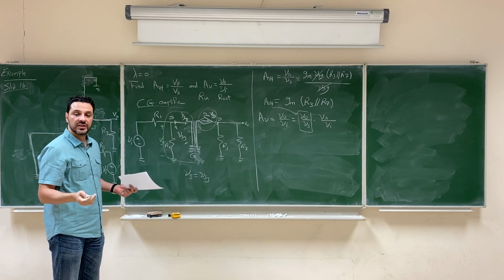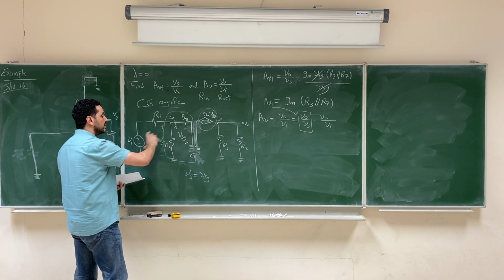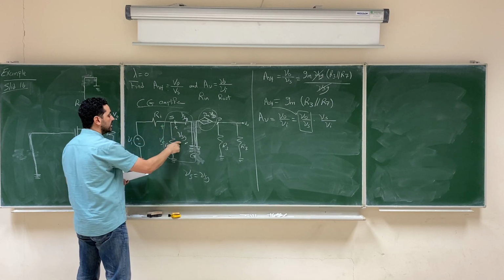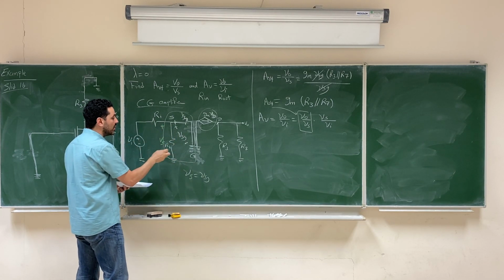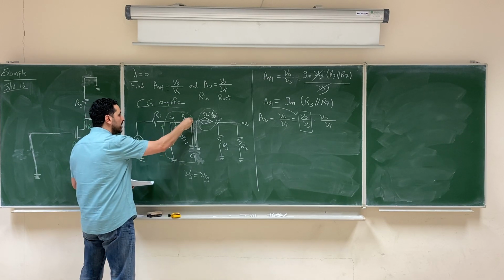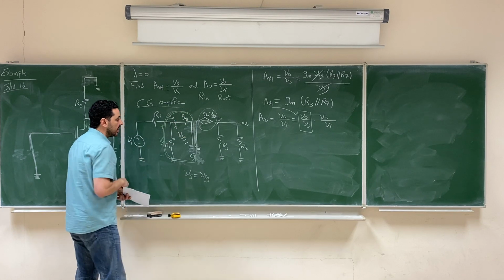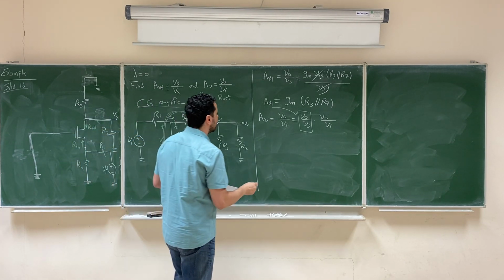Very simple, voltage divider. Vs, the voltage here across, divided by Vin, is whatever resistance here divided over the sum. Don't say it's R4 over R1 plus R4. No. When you do a voltage divider, you take all the resistance here. All the resistance here is R4 parallel with 1 over gm.